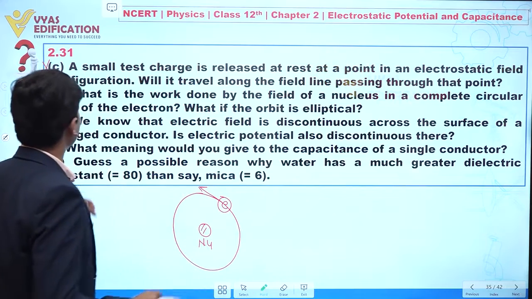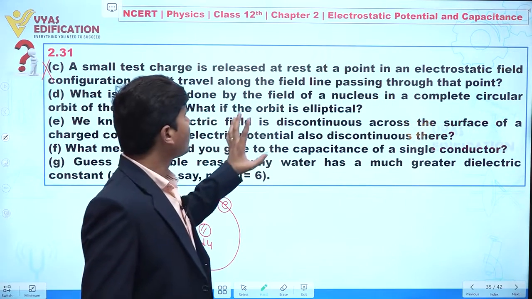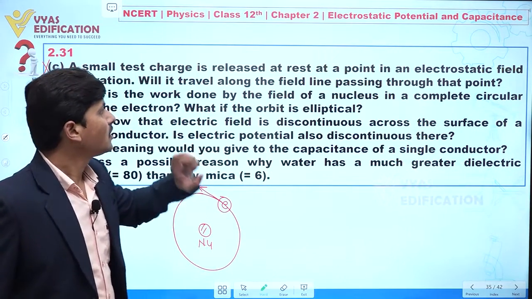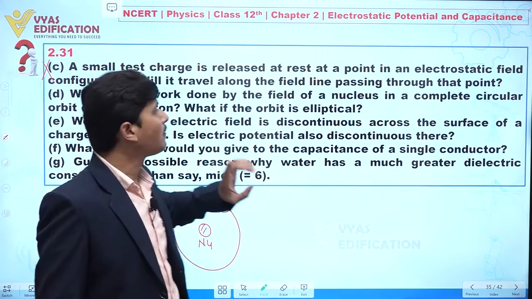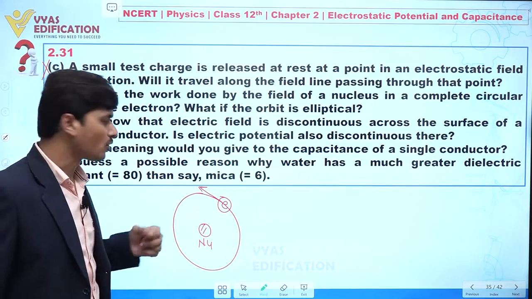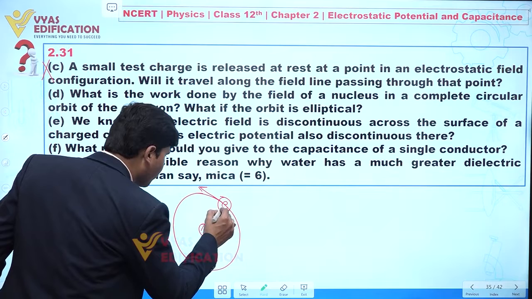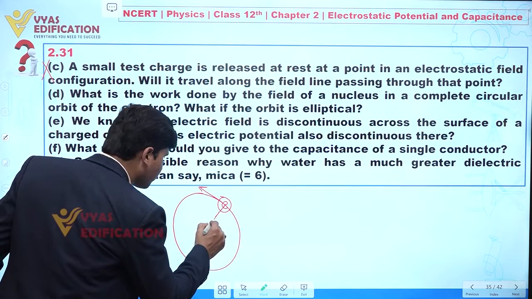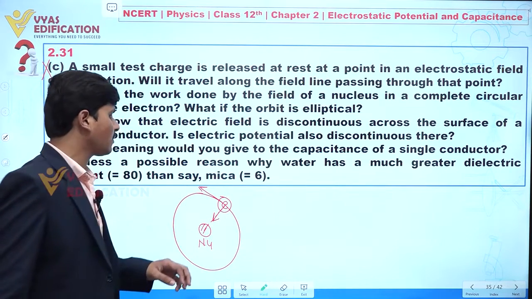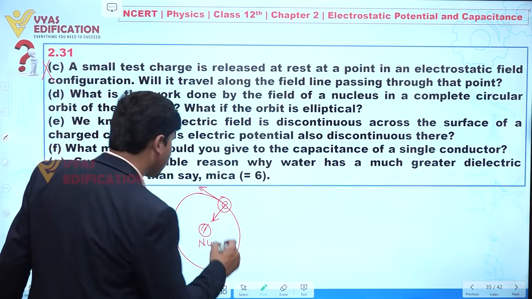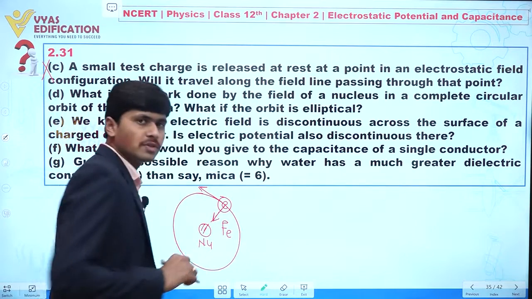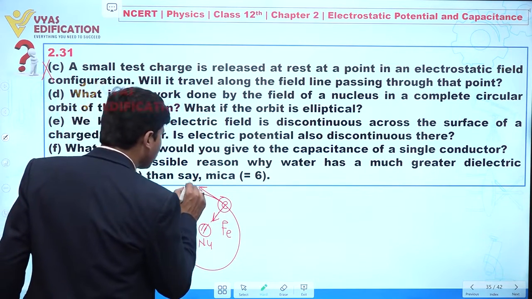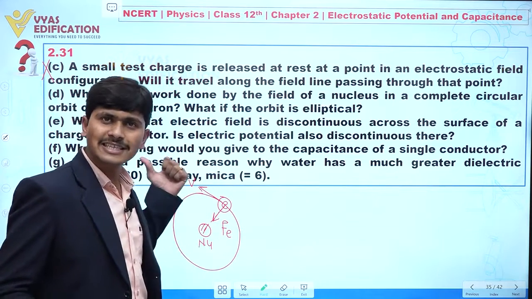Clear to you? Okay. Now we have to find what is the work done by the electrostatic field on an electron. So now we can see here a force of attraction acting between the nucleus and electron. So we can say this is known as electrostatic force. Clear to you? Now we know the direction of velocity is in this direction.